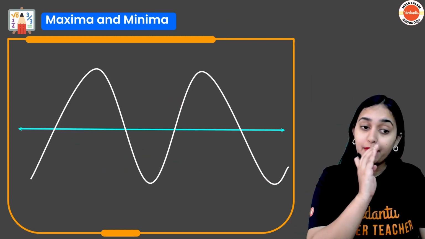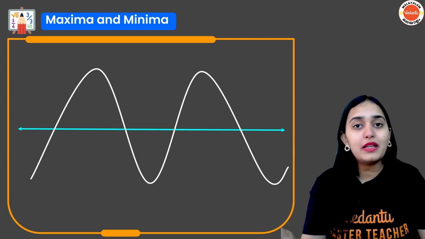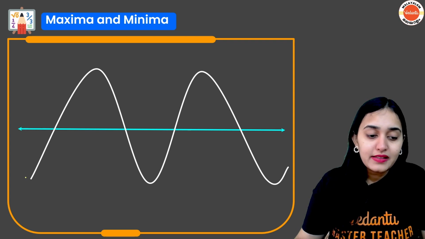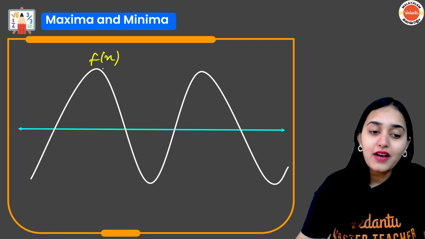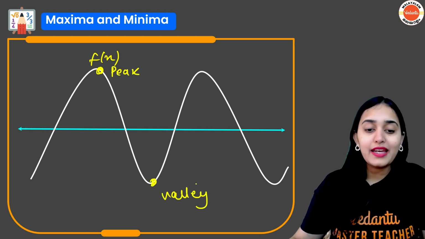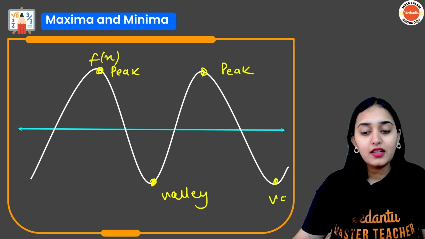Okay. Now, let's understand maxima, minima. Local maxima, local minima, global maxima, global minima. Now, what is maxima, minima? Suppose this is a function fx. Now, fx will have a peak value and it will have a valley. Again, it will have a peak. Again, it will have a valley. Okay.